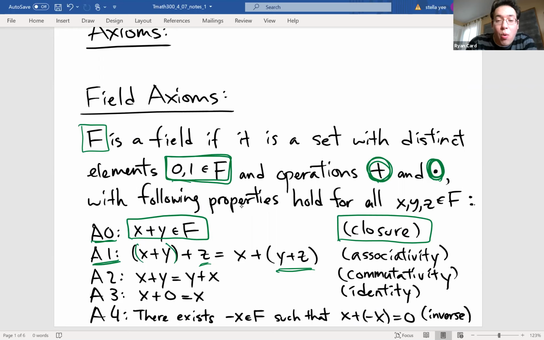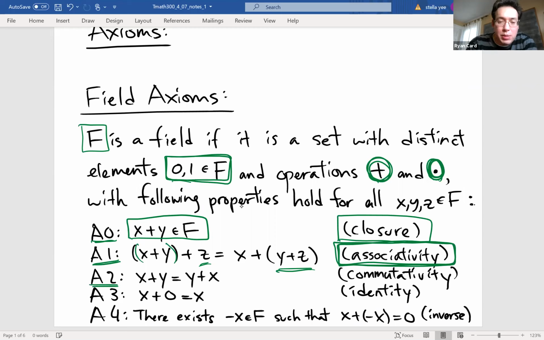So the order in which you do the addition doesn't matter. That's why most of the time we'll just drop the parentheses. That's a property called associativity. You can do it in any order you like.